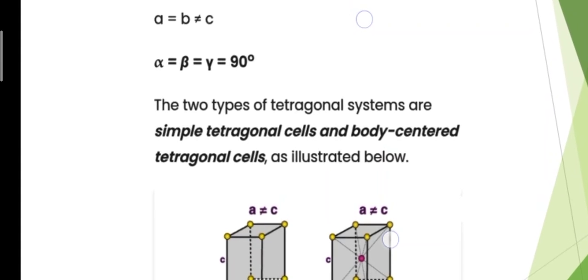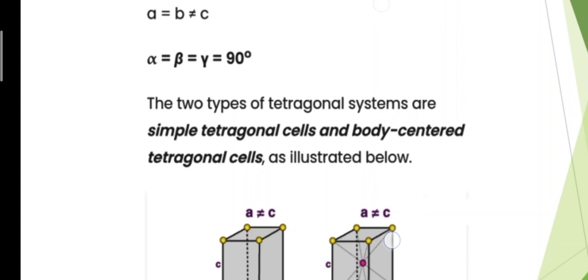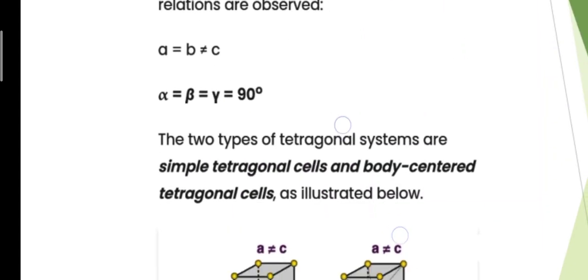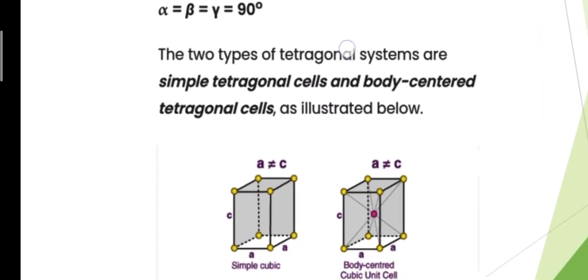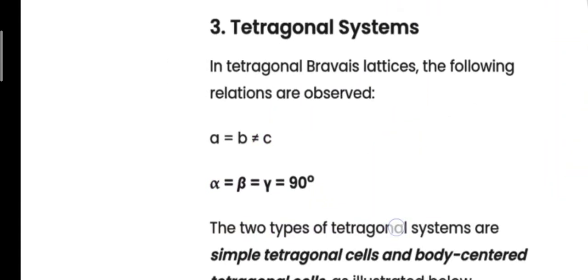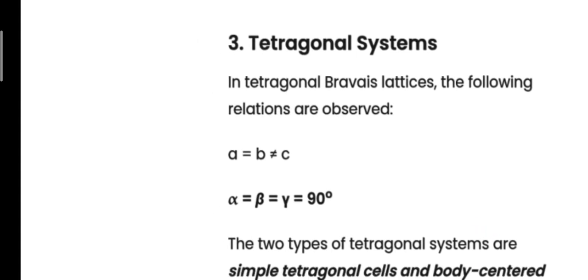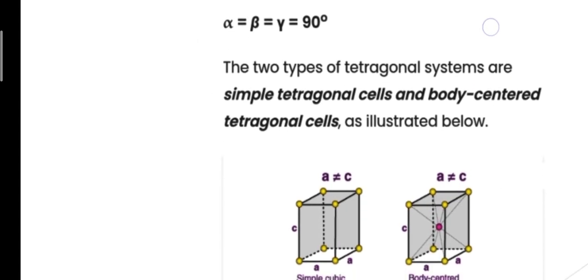A is equal to B is not equal to C, and alpha is equal to beta is equal to gamma is 90 degree. The two types of tetragonal systems are simple tetragonal cell and body-centered tetragonal cells.